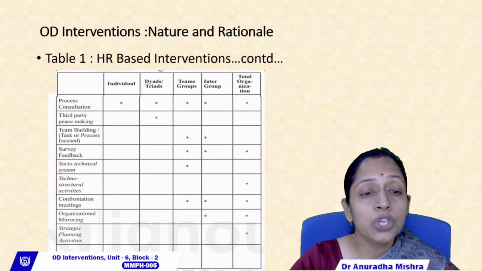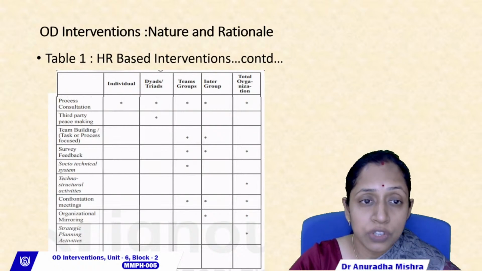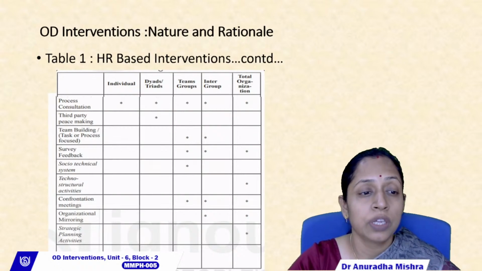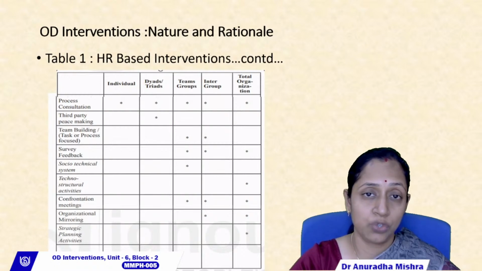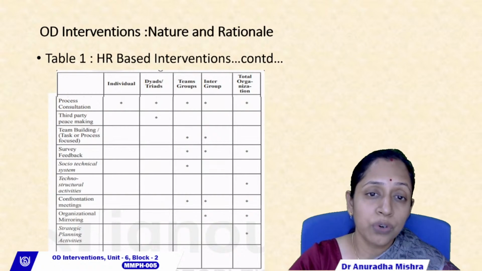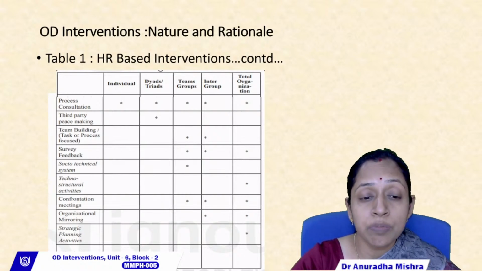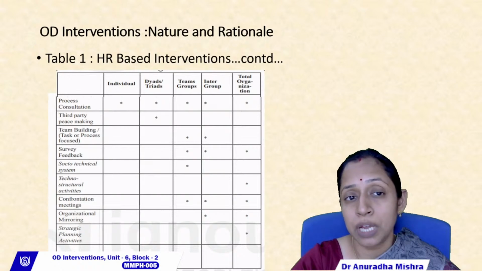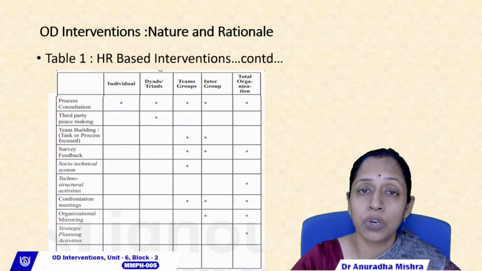Then socio-technical systems focus on team groups. Then techno-structural activities are totally on the total organization. Then confrontation meetings are especially aimed at team groups, intergroups, and the total organization.